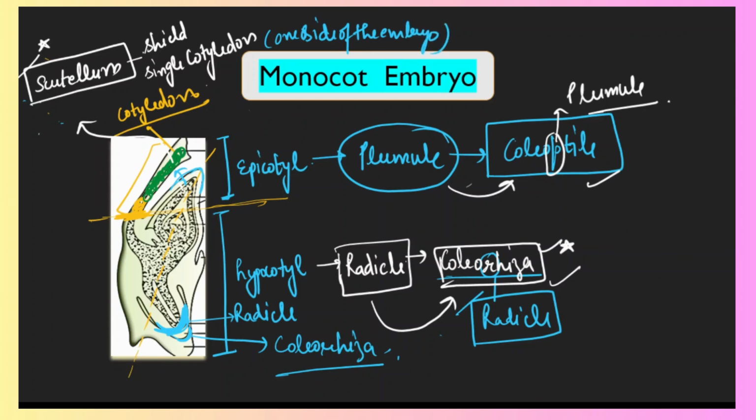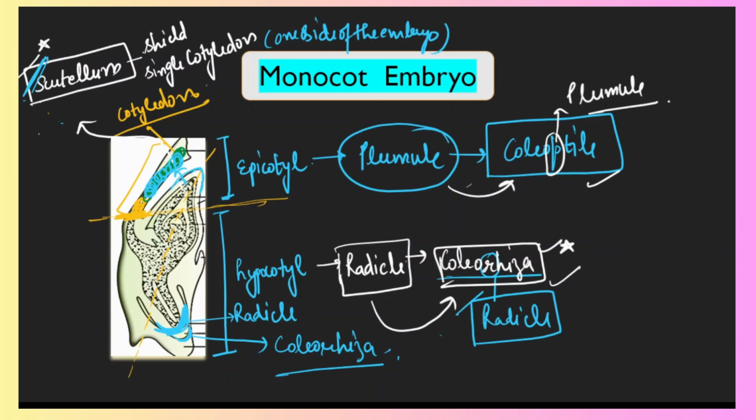I hope this is clear to you all. Scutellum is a shield which is the single cotyledon, present laterally or on one side of the embryo. I hope these all parts are clear to you all.